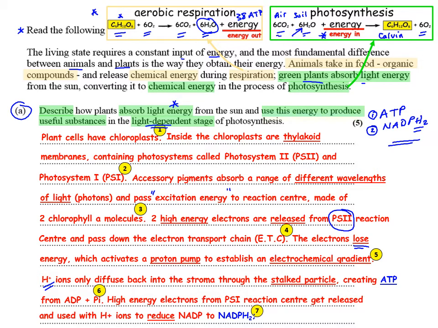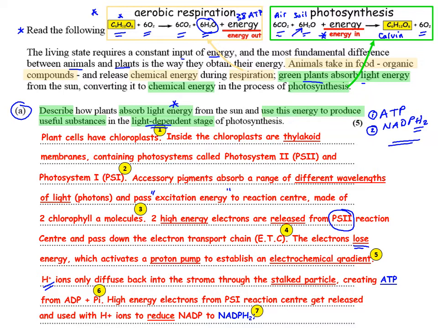Now, the high energy electrons from photosystem 1, from that reaction center, when they get released, they do not pass down the electron transport chain, but instead they get combined with protons and oxidized NADP, which results in the formation of reduced NADP, and we call that NADPH2.